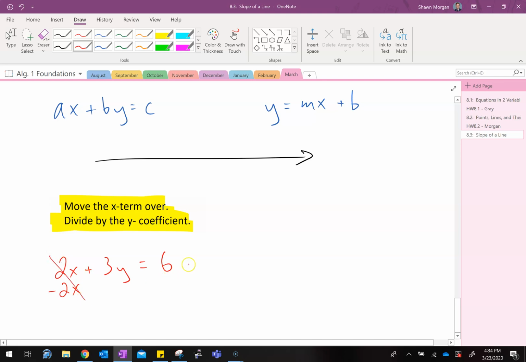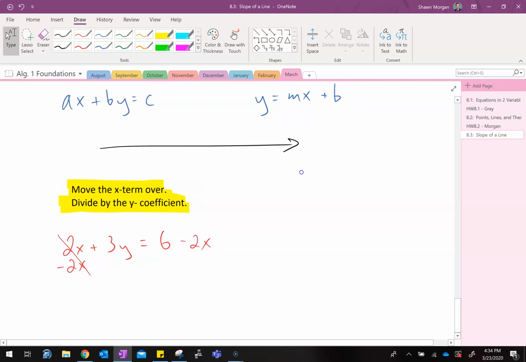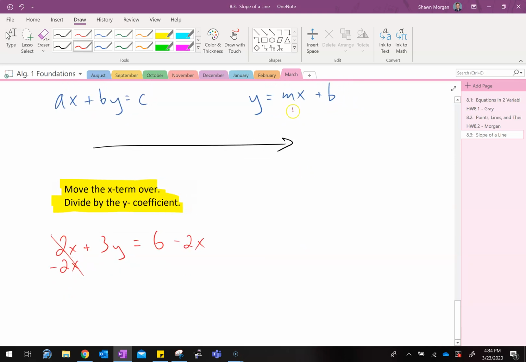So whatever I do on the left, I also want to do on the right. And as I mentioned in class, it's always a good habit to list that x term first, because that's how it is in slope-intercept form. So I'm going to say 3y equals, instead of 6 minus 2x, we'll say negative 2x plus 6, using that commutative property of addition. And so that's the first step, move the x term over.